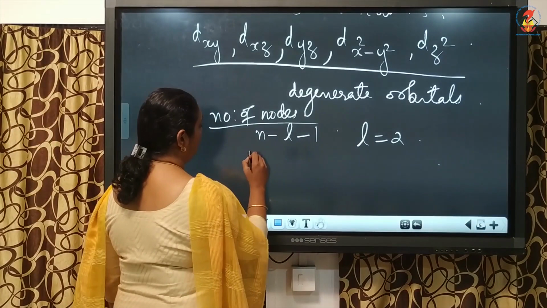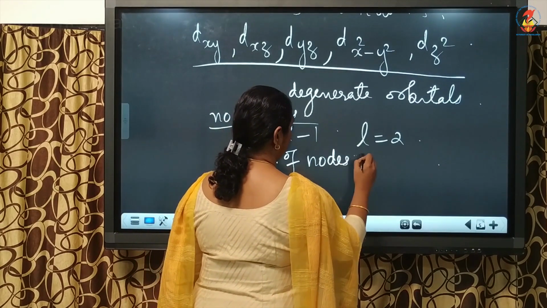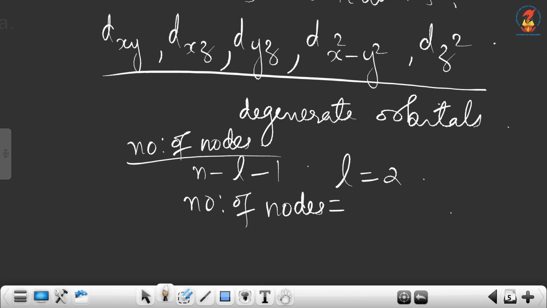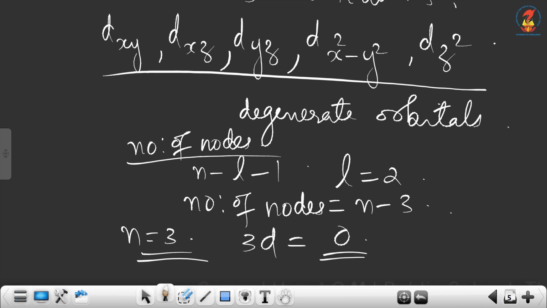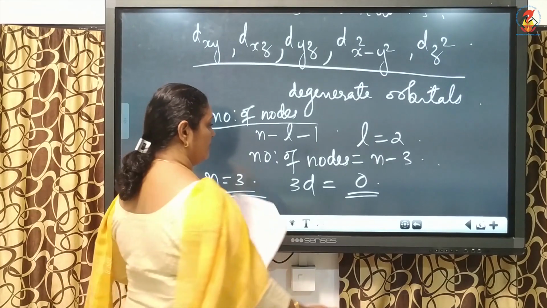So the number of nodes is n minus 2 minus 1, which is equal to n minus 3. We know d orbitals begin with n equal to 3, so the number of nodes for a 3d orbital is 3 minus 3, which is 0. Now I am going to draw the shape of all 5 d orbitals.